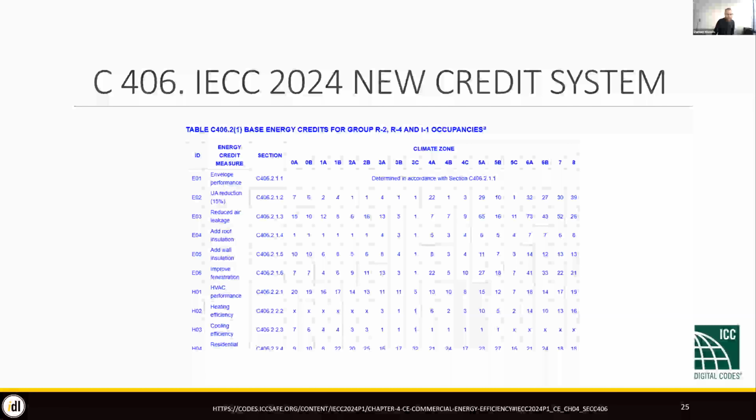You get different amounts of credits if you're using UA reduction or reduced envelope leakage, improved fenestration, better windows, and so on. And then you get some really big credits for things like DOAS, where for UA reduction you might get at most 10 points, for a DOAS system, you get 56 points, right?